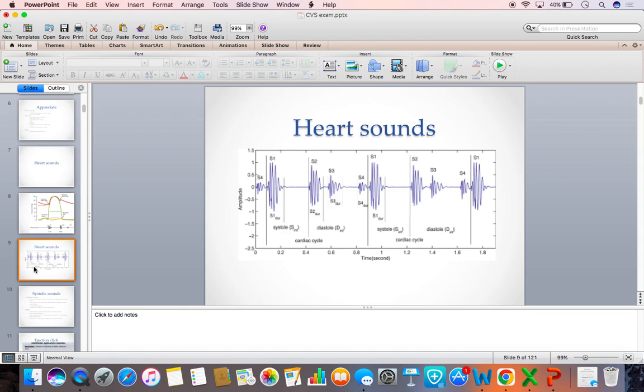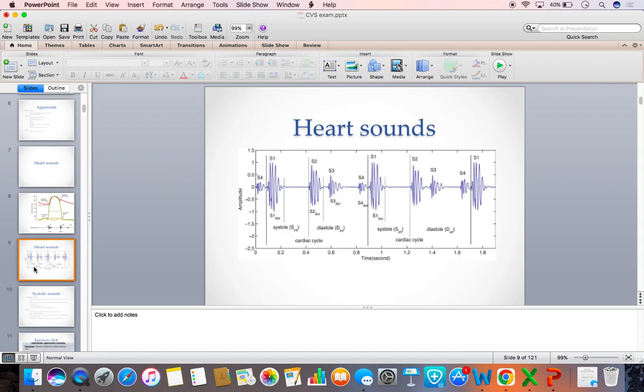There is the first heart sound with higher amplitude. You can see the second heart sound, third heart sound, and the fourth heart sound. The amplitude denotes the loudness.